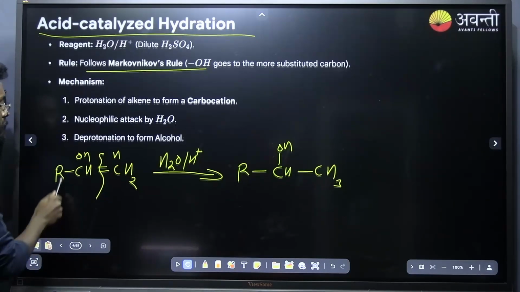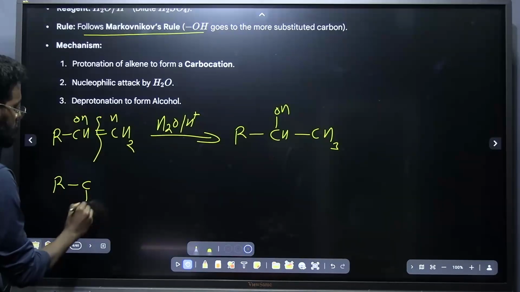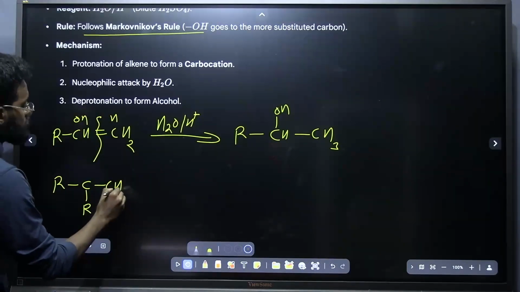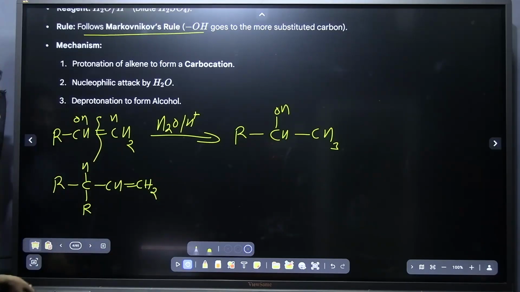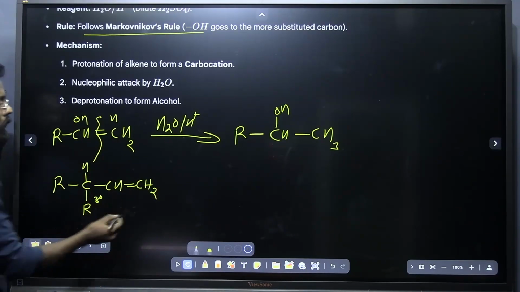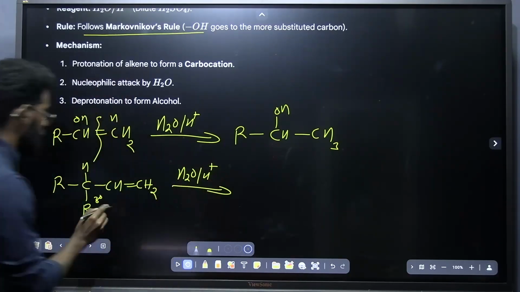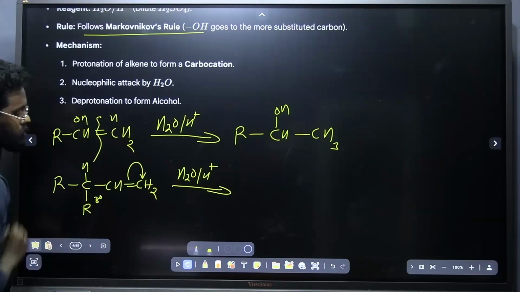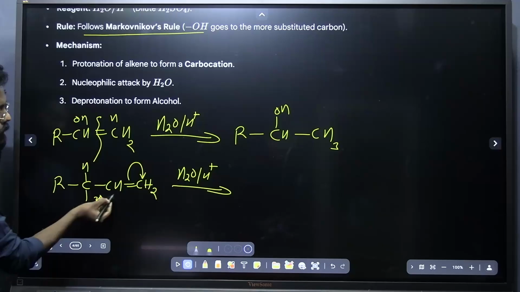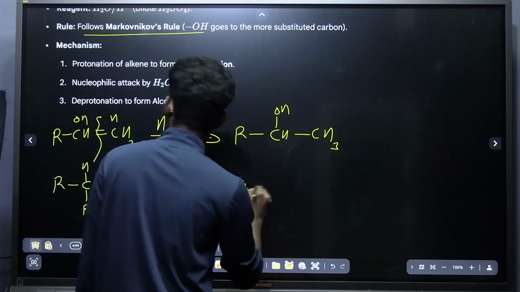But the problem that happens is when it comes to the tertiary carbon. Here you can see this is a tertiary carbon. If you do the acid catalyzed reaction of this alkene, the first step is shifting of the bond towards the carbon in which we will get a stable carbocation.